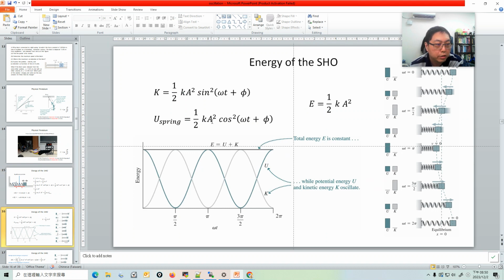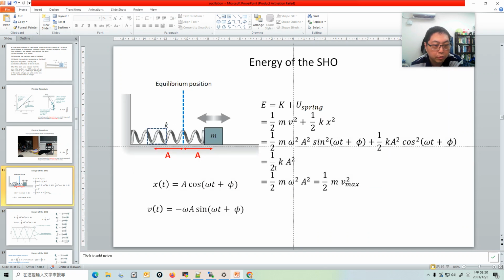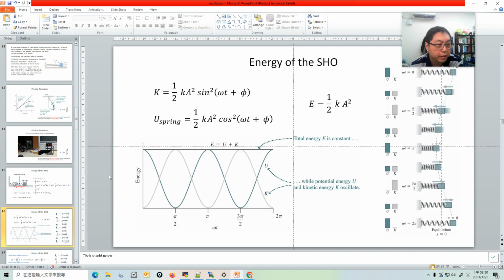Use our result: I just obtained the kinetic energy, which is 1/2 k A squared times sine squared. Don't forget, if we replace omega squared by k over m, the kinetic energy is 1/2 k A squared times a sine squared function. And the potential energy is 1/2 k A squared times the cosine squared function.